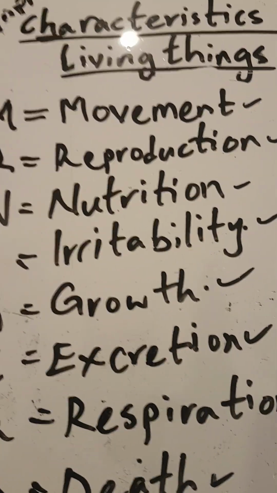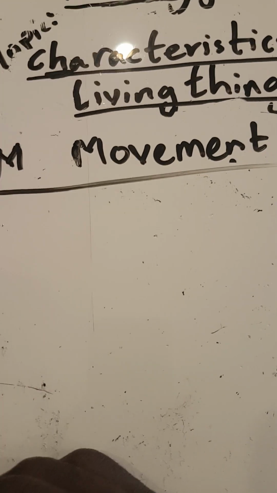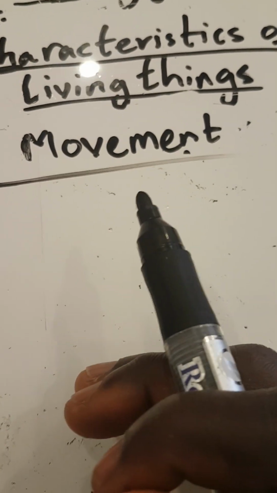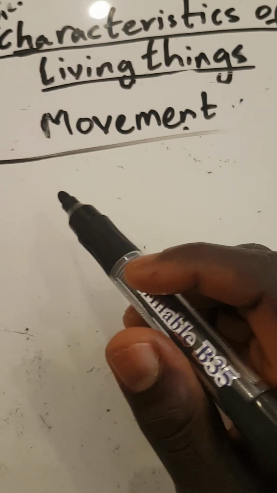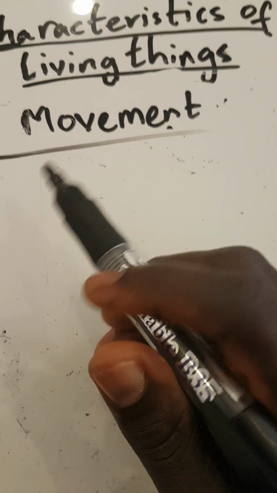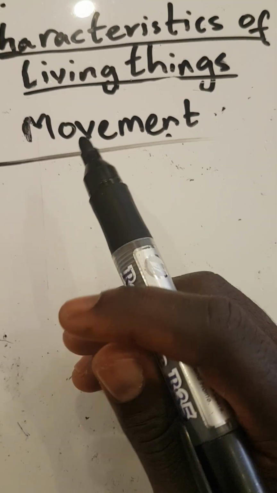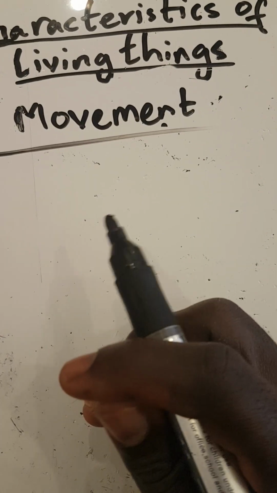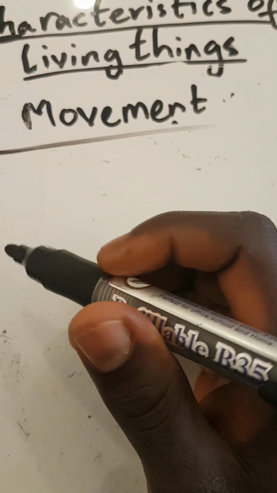So first and foremost, we'll start with movement. The first characteristic of movement: we all know animals move from one place to another in search of food, shelter, or one thing or the other. So movement is one of the characteristics of living things. Plants also move, but they don't move the way animals do.